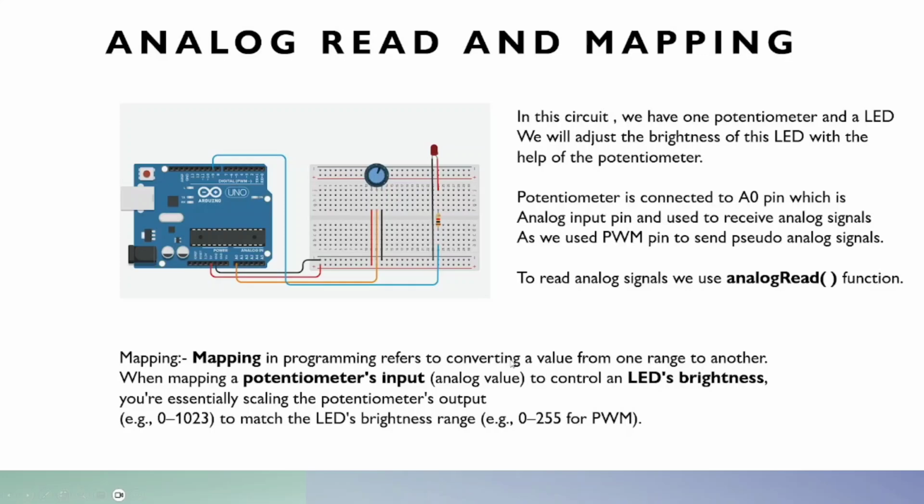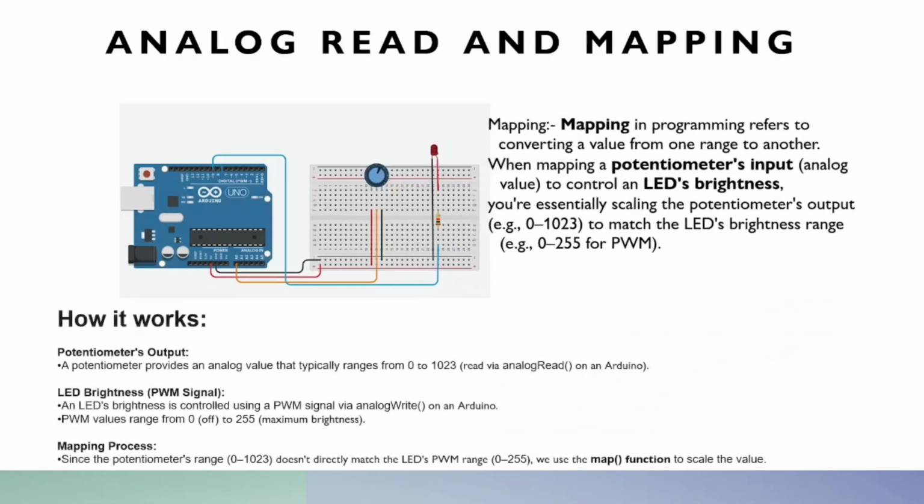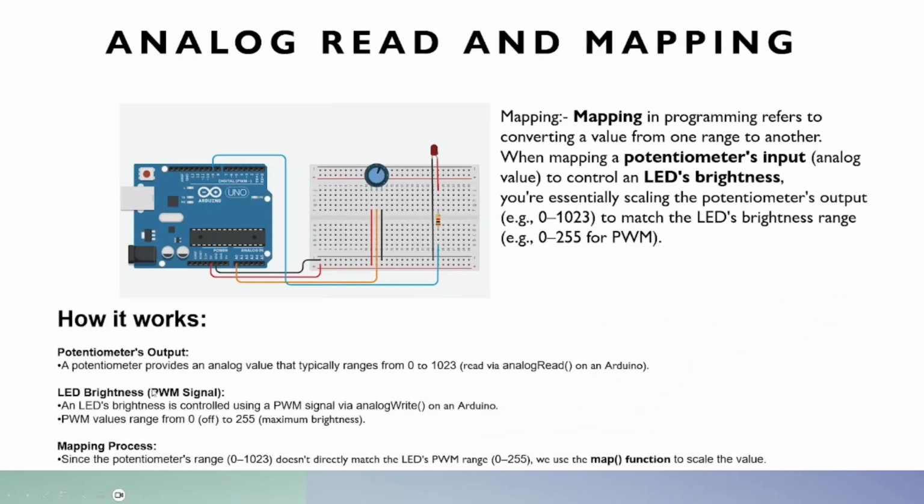It's a function inside the programming. So how does it work? A potentiometer provides an analog value that typically ranges between 0 and 1023. The LED brightness is controlled using PWM signals via analogWrite on Arduino with the help of pin number 9, and the PWM value ranges between 0 and 255. 0 is off, 255 is maximum brightness.